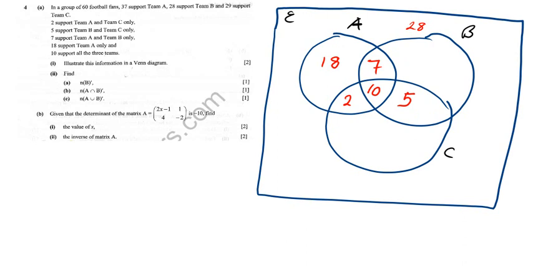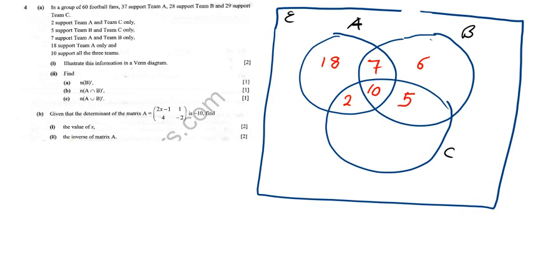So 28 minus 22, we are getting a 6. So in B we have a 6.